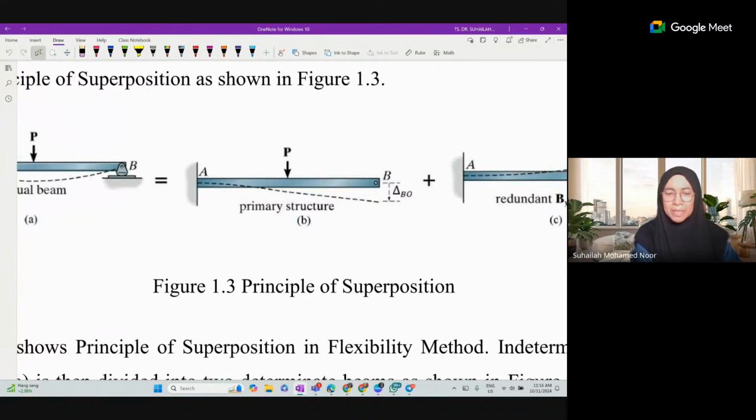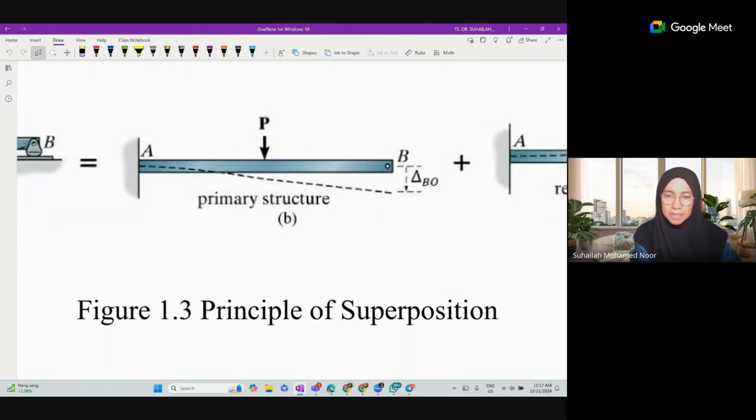We mark the deflection delta at B in the actual beam, in the primary structure, and in the redundant beam.